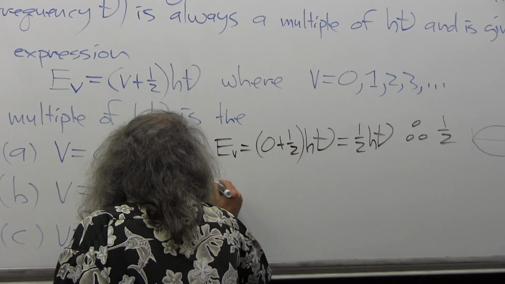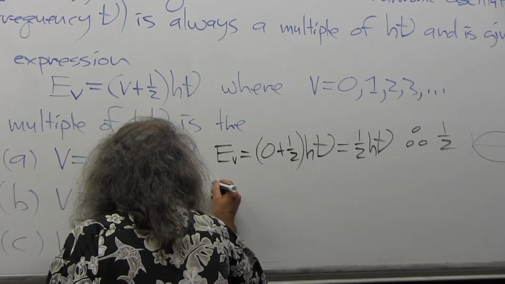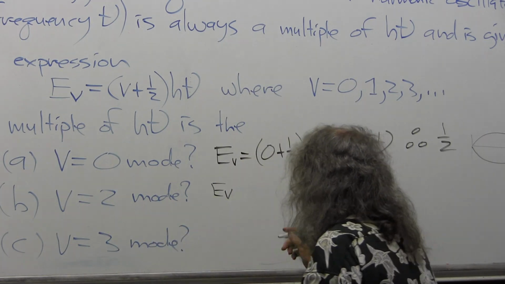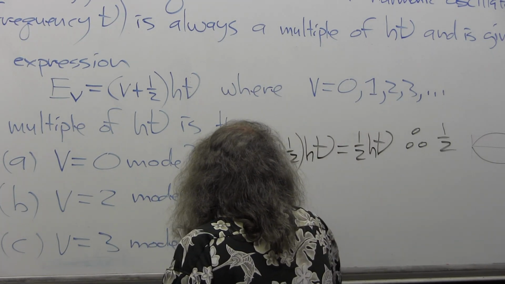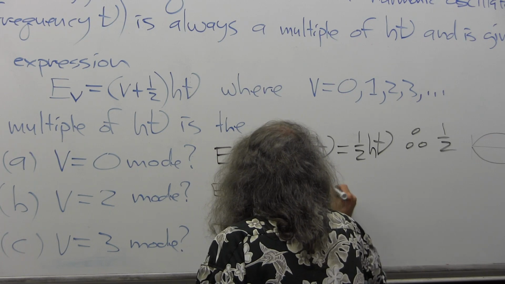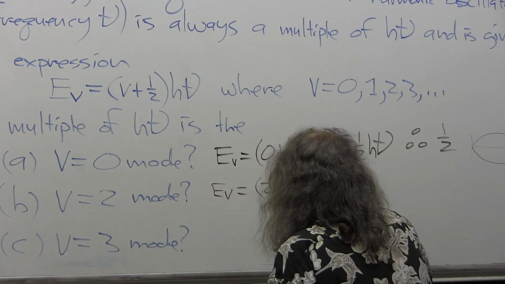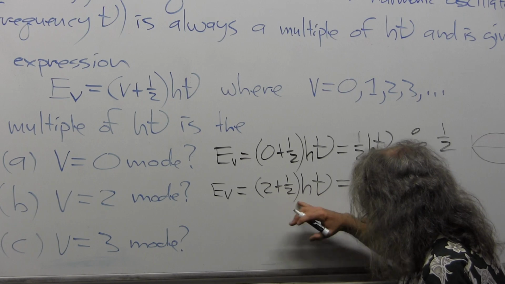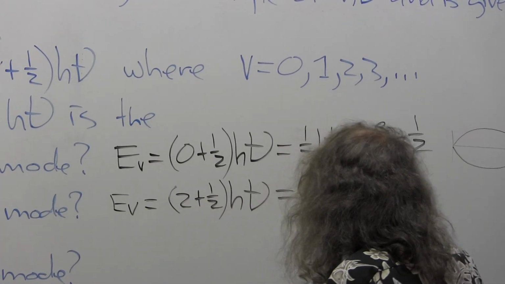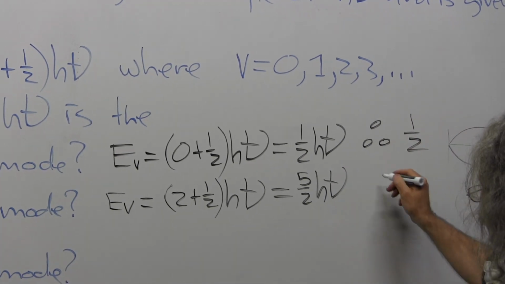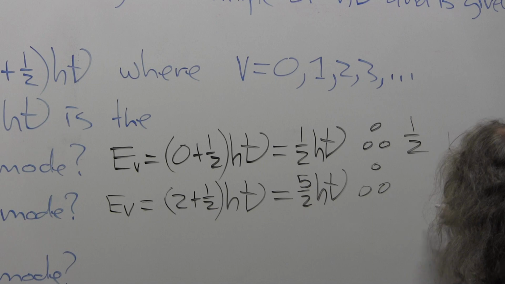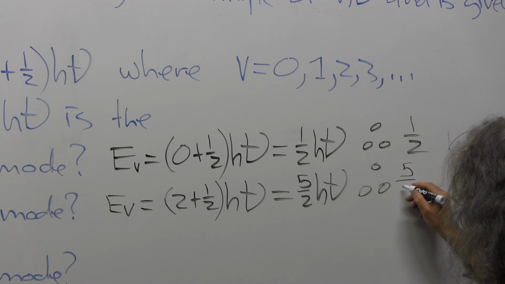Now, for the second case, E sub v, where v equals 2, is equal to 2 plus 1/2 Planck's constant times nu, which in this case is going to be 5/2 Planck's constant times nu. Therefore, the multiple is 5/2.